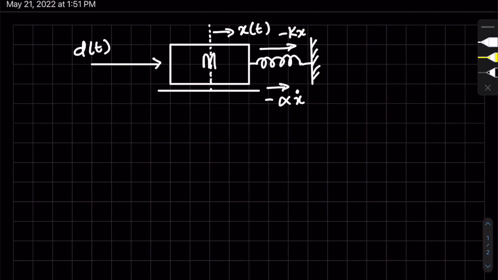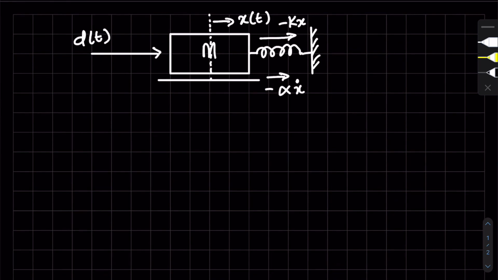Now, to write the differential equation governing this system, it's simple. It's just use Newton's second law. So we have to add all the forces, and that equals mass times the second derivative of x, which is acceleration. That's Newton's second law.